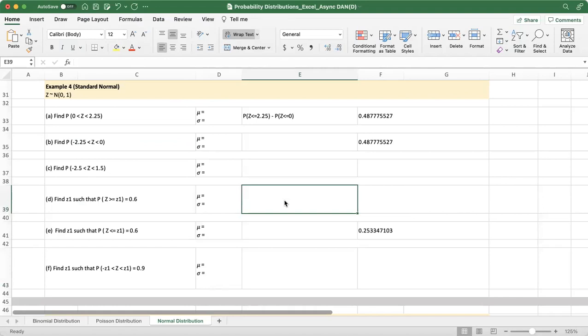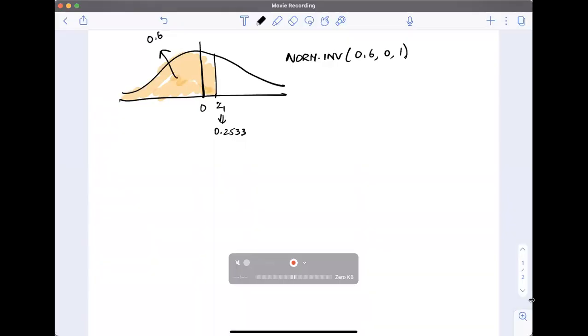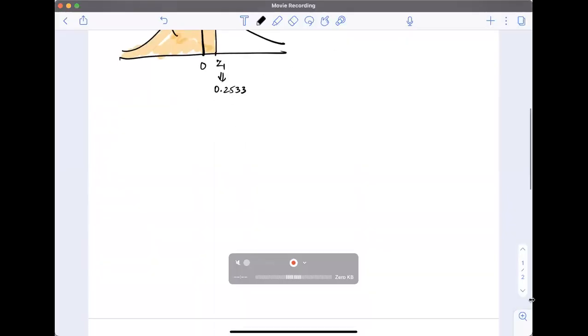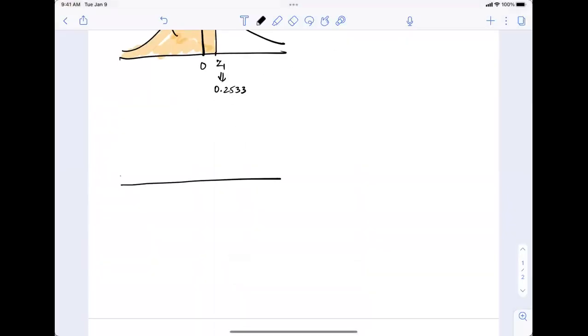Now we want to find the value Z1 such that the area of the curve to the right of that point is 0.6. So how do we do this? Let's try and visualize this. We're told that we have a bell curve, and we want to find Z1 such that area to the right of Z1 is equal to 0.6.